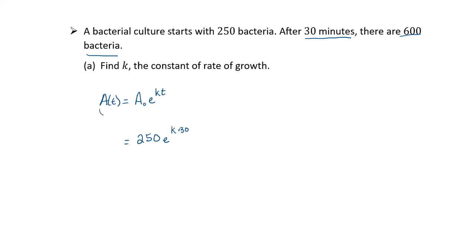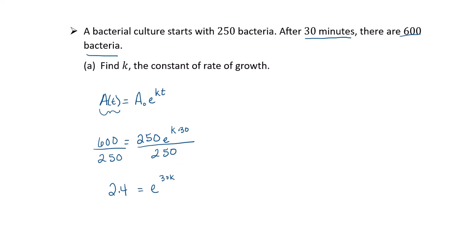That is the amount of bacteria at 30 minutes. So this will be standing in for my A of t. Now I can divide both sides by 250. This gives me 2.4 on the left-hand side and e to the 30k on the right.